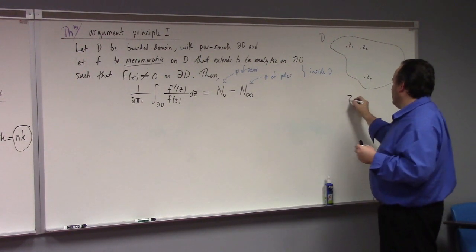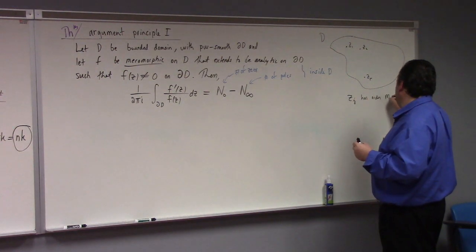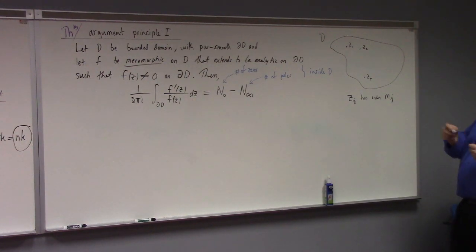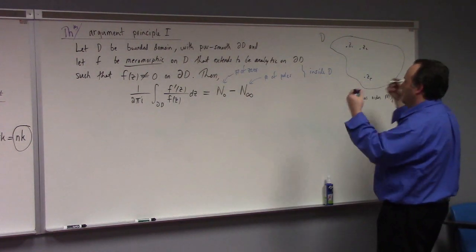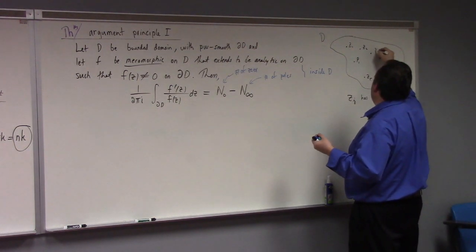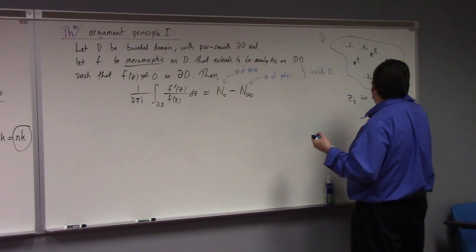And let's say that z sub j has order m sub j, all right? And then poles, let's say p1, p2, ps. These are singularities for the function, all right?